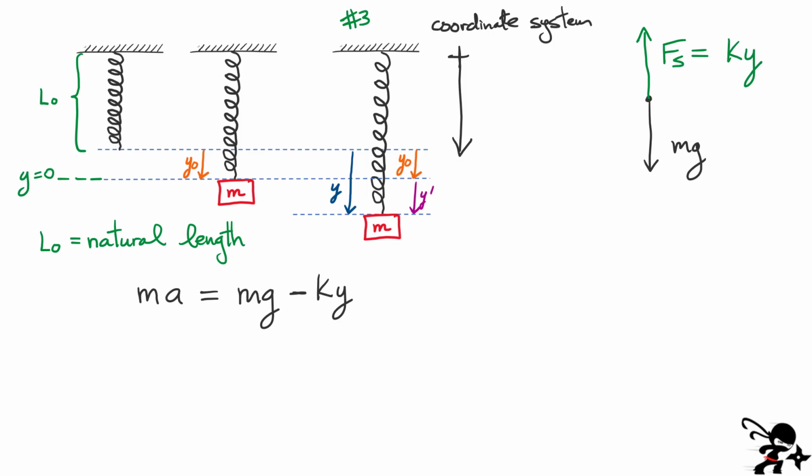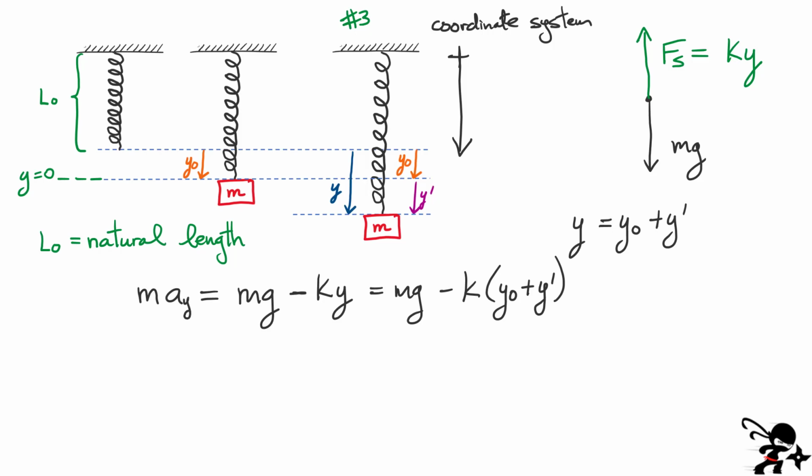Now the next thing I want to do is substitute, because I know that y, just from this image here, is equal to y0 plus y prime. Okay, so let's go ahead and get rid of this guy. So we have the weight, mg, minus the spring constant, and instead of writing y, I'm just going to write y0 plus y prime. All right, now what is this acceleration in the y direction here? Okay, this acceleration in the y direction is nothing more than taking the derivative with respect to time 2 times.